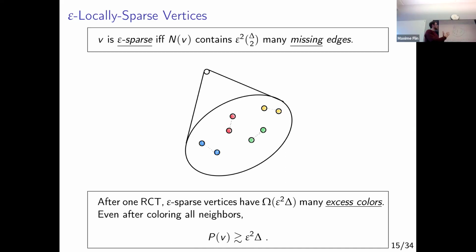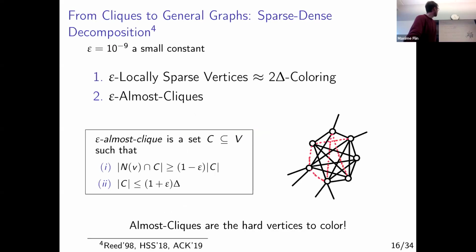Okay, maybe this is not completely clear. Making this step is not trivial, but it's not too difficult, and at least this was already done in the palette sparsification theory. So let's just assume this is easy. And why do we care about that?